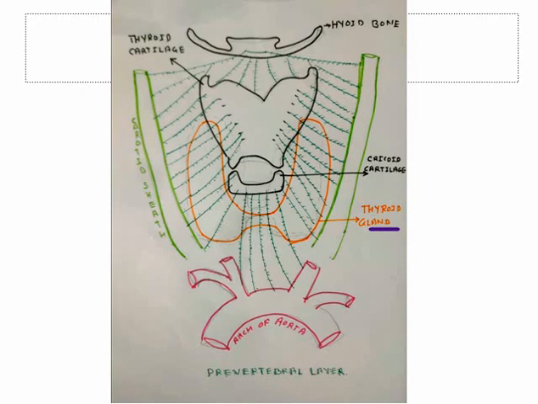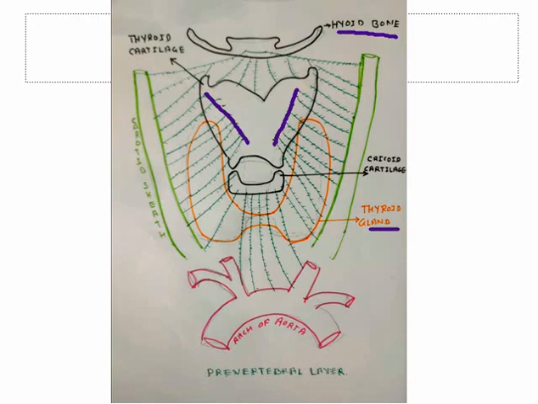Our pretracheal layer is attached above in the midline to the hyoid bone, the body of the hyoid bone, and then it runs downwards. Then it is attached to the oblique line on the thyroid cartilage. This whole black colored structure is the thyroid cartilage. Got it?